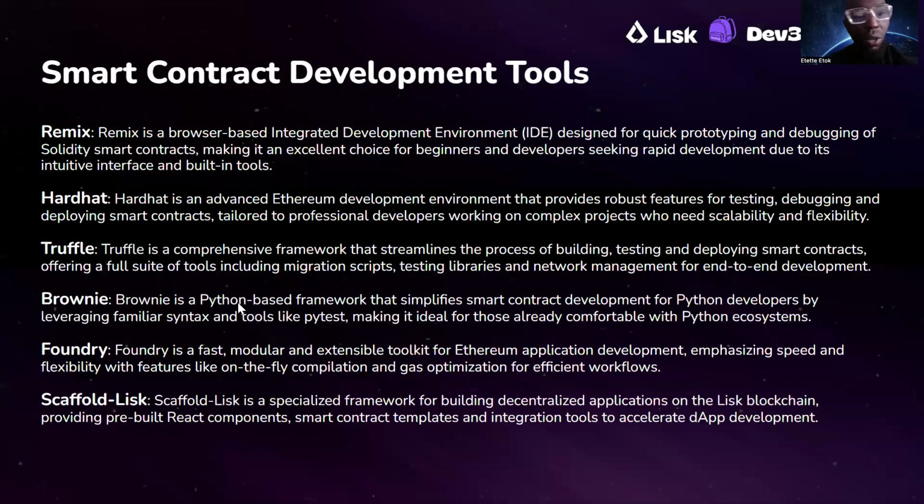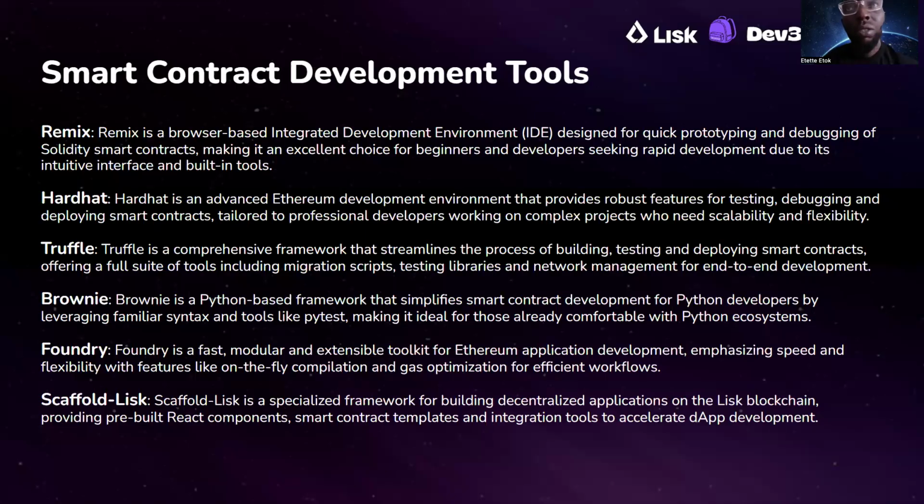Okay, so we also have Scaffold Leaks. Like I said, Scaffold Leaks is actually a framework. It's a fork of Scaffold-ETH, which is basically a Next.js boilerplate that has been configured so that it allows us to write smart contracts in Solidity.